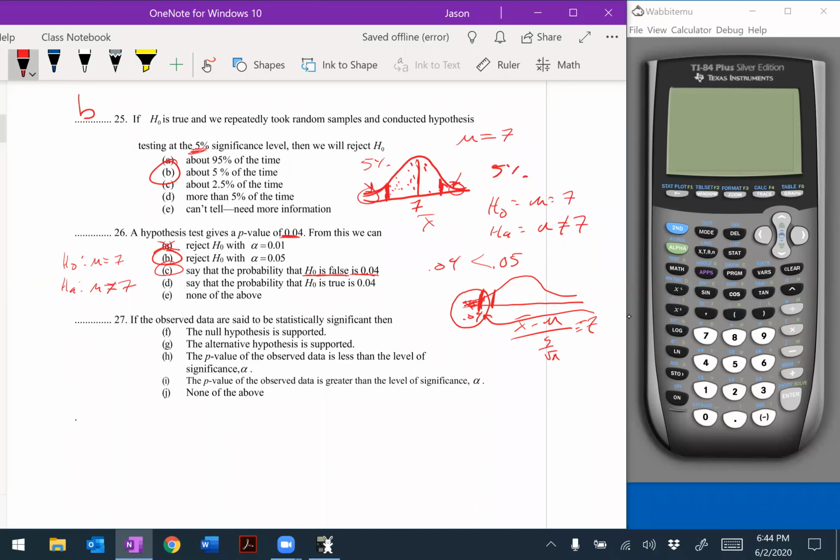This is why we do not reject H0 if it is a small p-value.